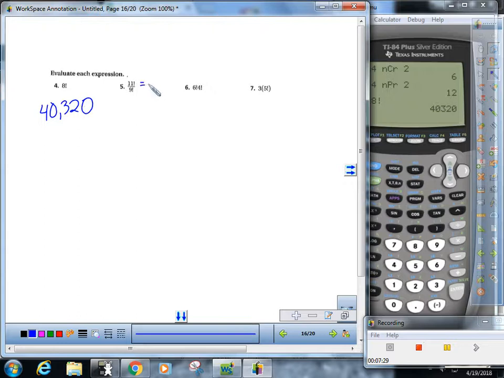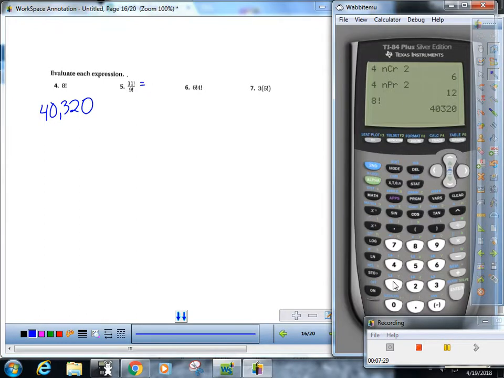It equals, what's 11 factorial? Or let's do it all in one if we can. Let's see if we can do that. So, 11 math probability 4, close it, divided by parentheses 4 math probability factorial, enter.